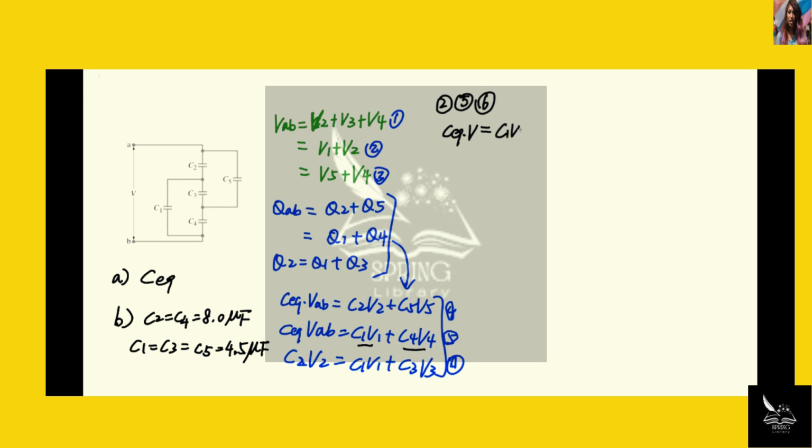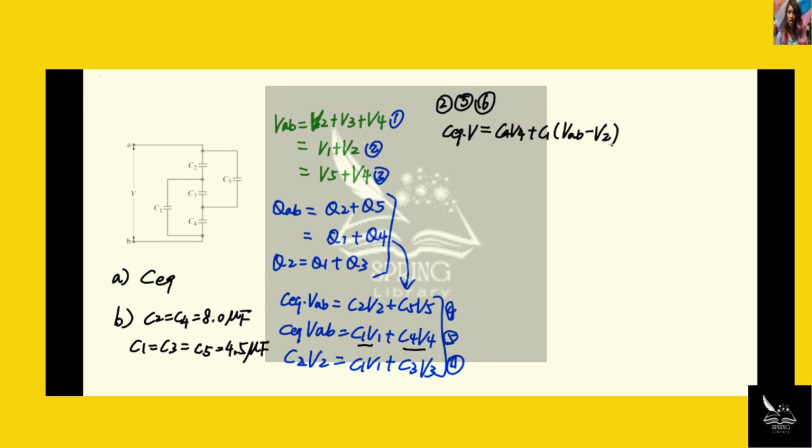If we want to eliminate V1, instead of V1, we can say C1 times VAB minus V2.